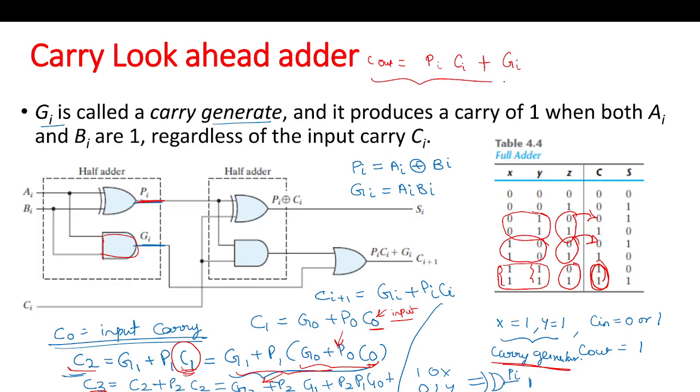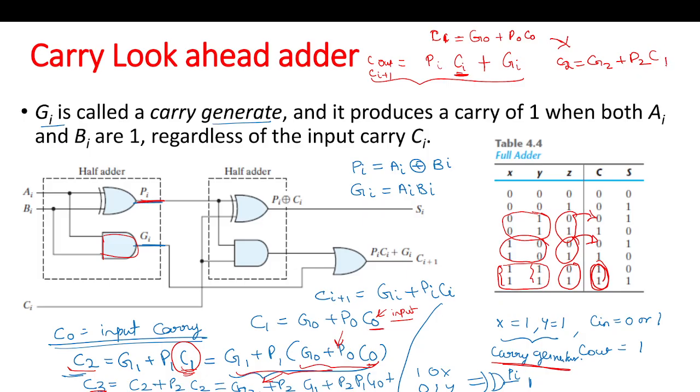In this way we obtain the carry output expression, that is the carry i plus 1 expression in terms of the previous carry. Now we don't want this previous carry, so we have an expression for C1, which is G0 plus P0 C0. For C2, it is G1 plus P1 C1.